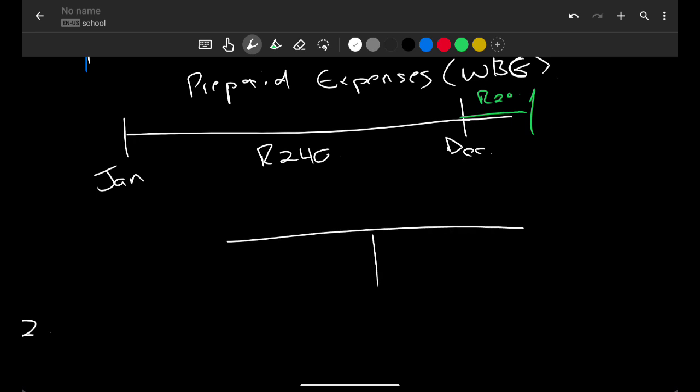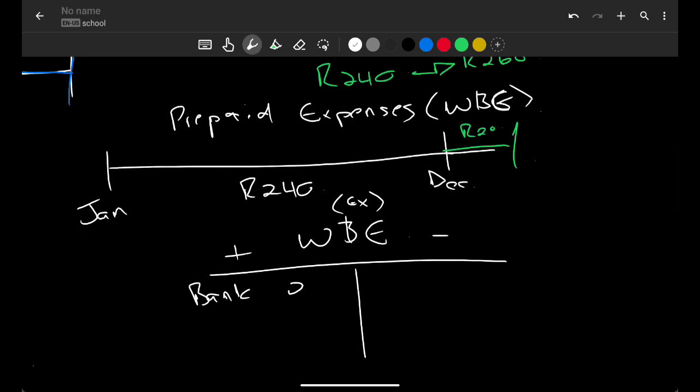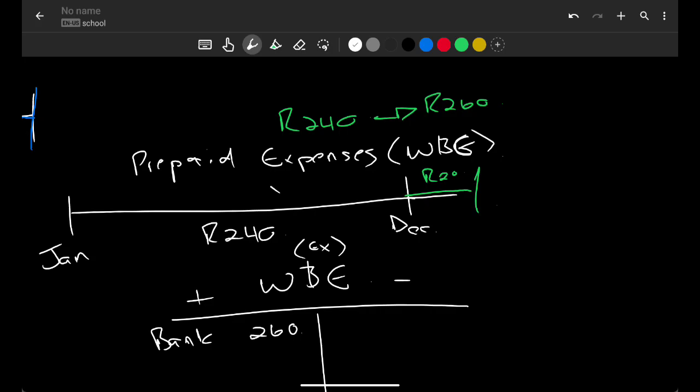So if I'm creating a T account here for water and electricity, remember that is an expense account, meaning that it increases on the debit, decreases on the credit. Your bank here is going to say bank for how much? 260 Rand, because that's how much we paid in total. We paid for 13 months and not 12.